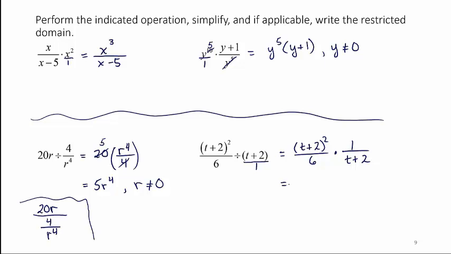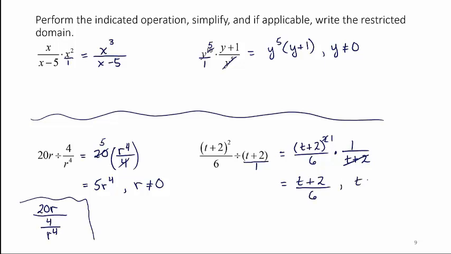Okay, so let's look at this. So t plus 2, there's one of them in the denominator and there's 2 of them up top, right? So we end up with one of the t plus 2's on the top, and on the bottom we just are left with 6, right?